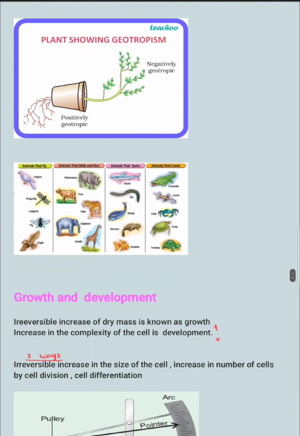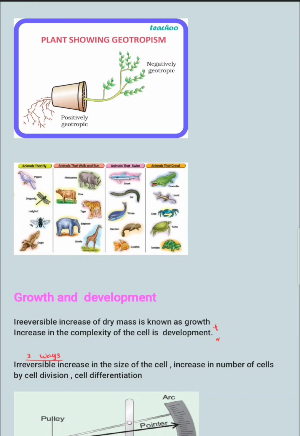Plants also do movements. They do tropic movements and nastic movements. For tropic movements, examples are geotropic movement, phototropic movement and chemotropic movement. Likewise, they do positive and negative tropic movements. Animals have different movement methods. Animals can do locomotion because they can move from one place to another.